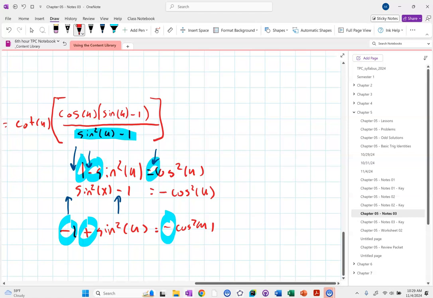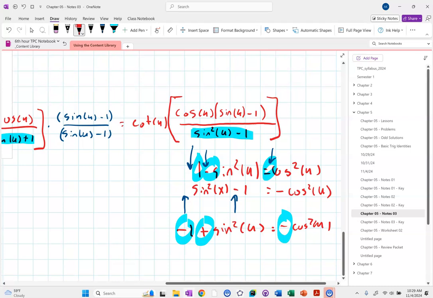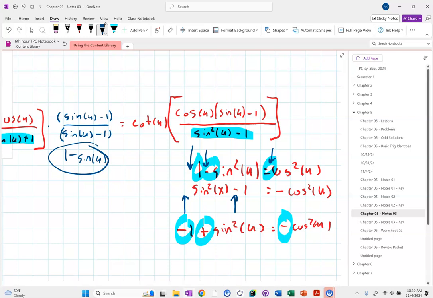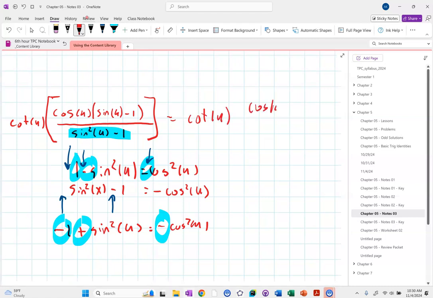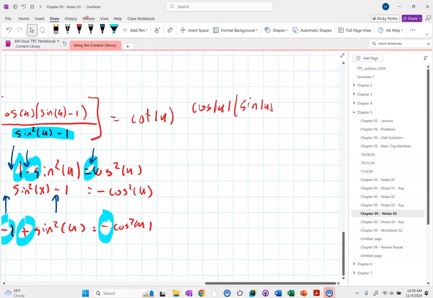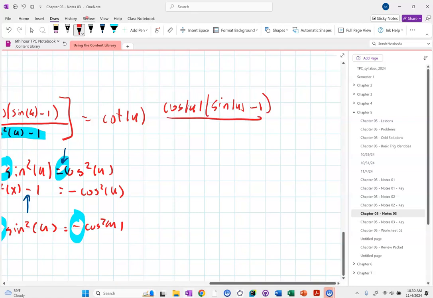The alternative would have been, instead of multiplying by sine minus 1, you could have done 1 minus sine, and then everything would have worked out nicely, because sine plus 1 and 1 plus sine is the same thing. That's okay. All right, so we have cotangent u over cosine u times sine u minus 1 over negative cosine squared.